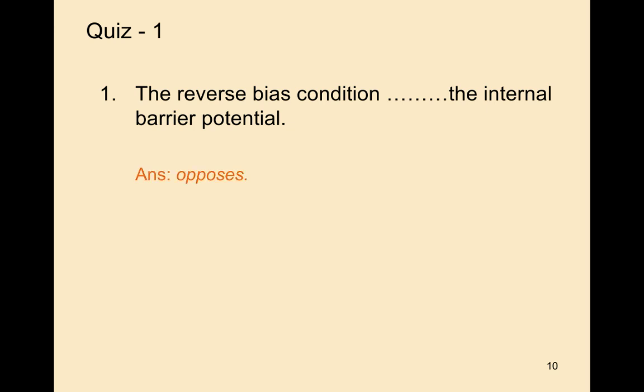Reverse bias condition opposes the internal barrier potential. That means when we connect the diode in reverse bias mode, the external voltage opposes the internal voltage of the diode.